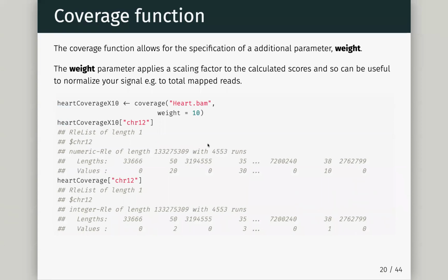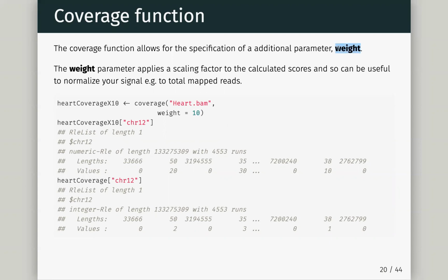Really usefully, the coverage function allows us to add an additional parameter, weight. You can use that weight to down-weight or up-weight our samples, so we can use weight as a normalization factor.